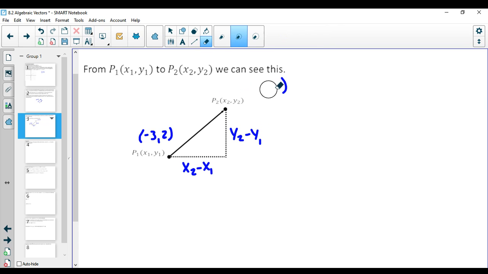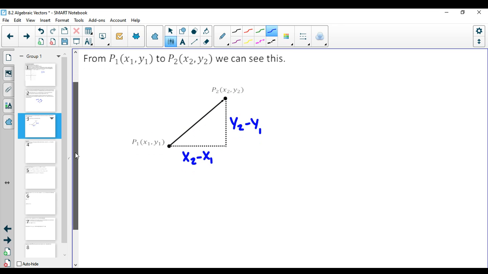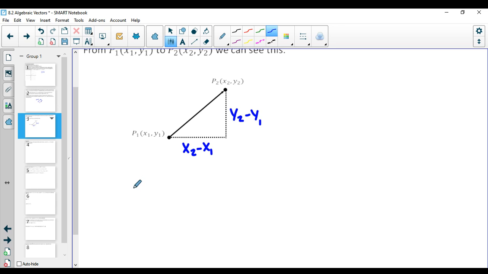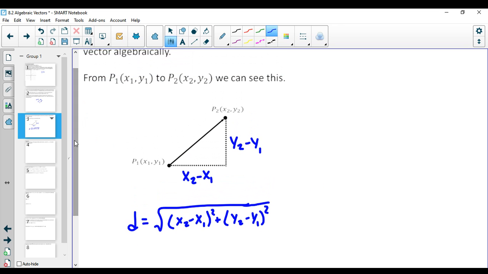Now, to find the magnitude or the distance, we just use the Pythagorean theorem on these two, and we get that the magnitude is the square root of a squared plus b squared, where a is x2 minus x1 and b is y2 minus y1. Then take the square root of both sides to find the distance. You could write this down in your notes, but you guys know this.